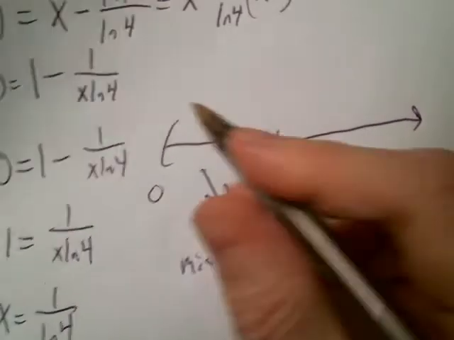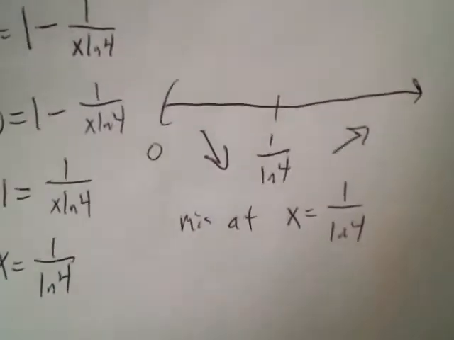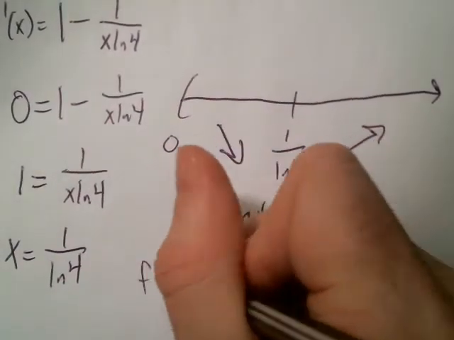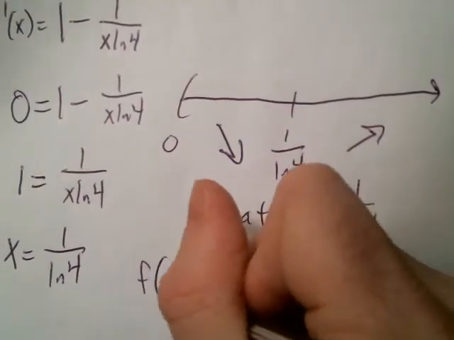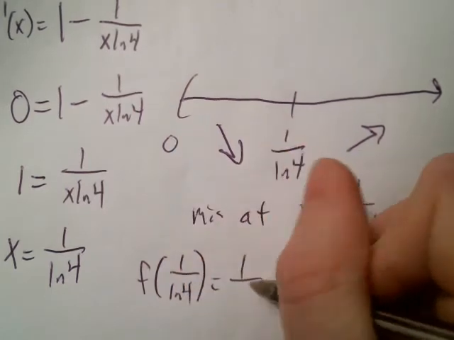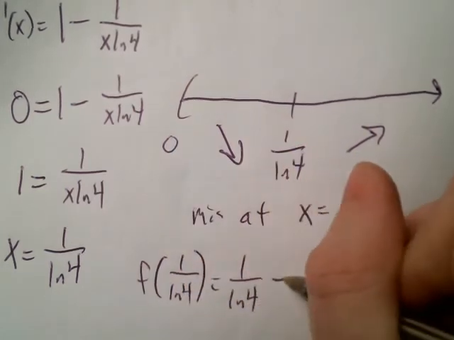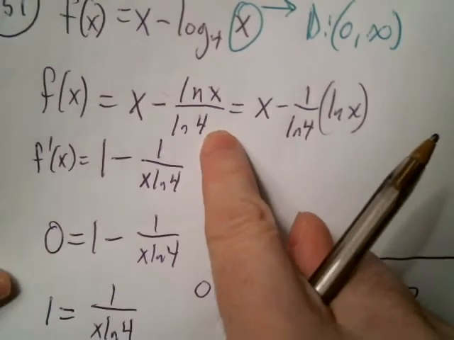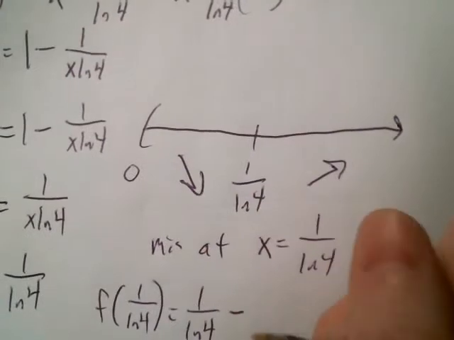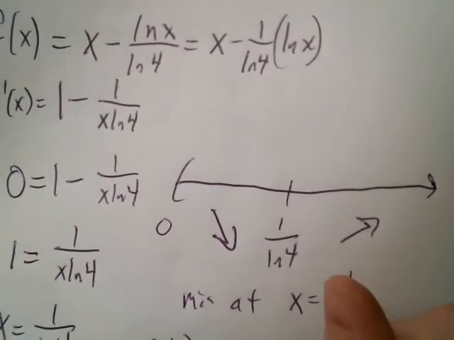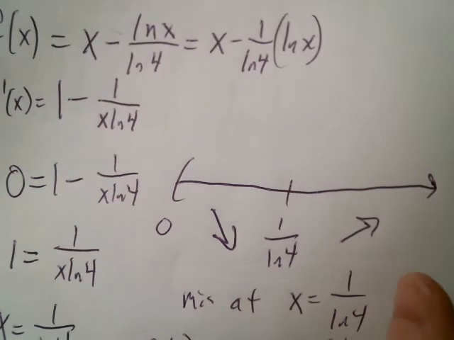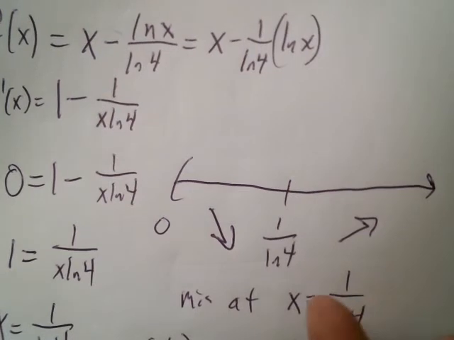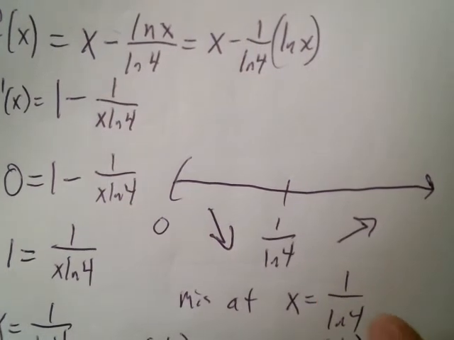And then you're going to plop that back into this formula back up here. So what do we get? F of 1 all over ln 4 is equal to 1 all over ln 4 minus this character right here. But I'm going to use this version of it, this form, right? So minus ln of 1 all over ln 4, all over ln 4.